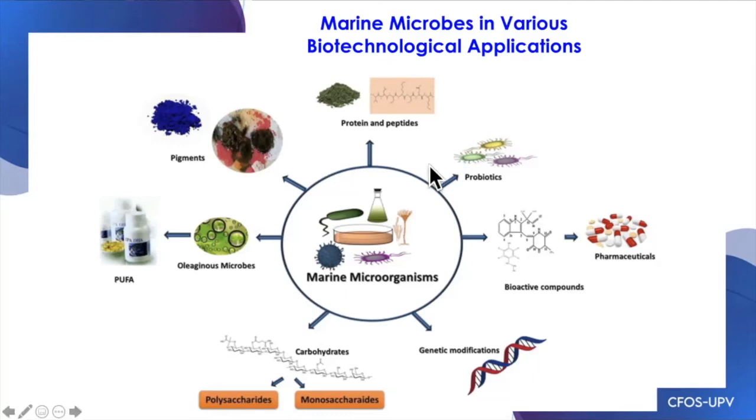And we can also produce probiotics or antibiotics from these marine microorganisms. We can also get useful proteins and peptides from them. Pigments, that's what I mentioned earlier. We can extract functional compounds like polyunsaturated fatty acids, the DHA, the omega-3. And we can get useful polysaccharides and monosaccharides.